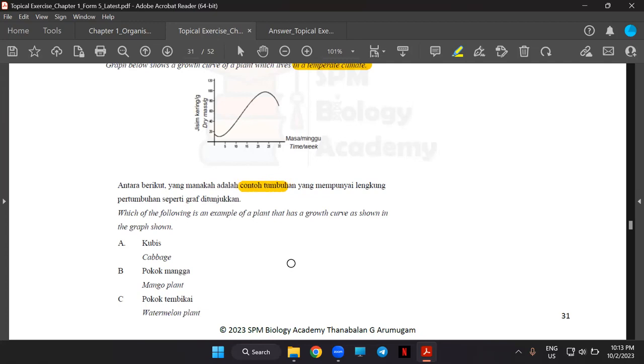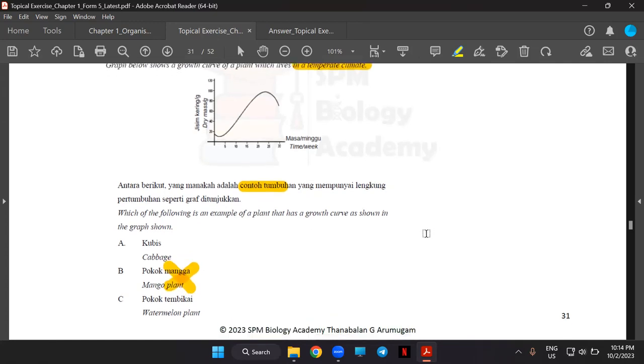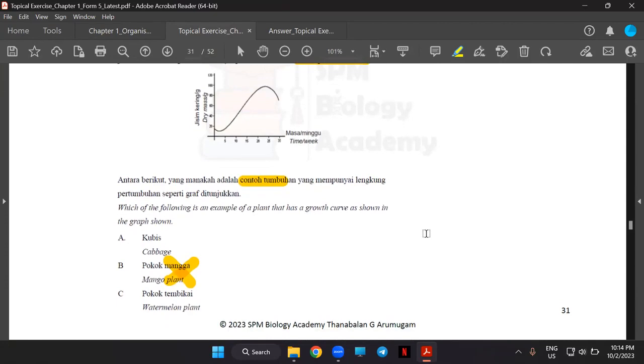Which of the following is an example of a plant that has a growth curve as shown in the graph? Pokok mangga out lah because pokok mangga adalah perennial plant. Ini bukan graf perennial. Ini graf annual, isn't it?